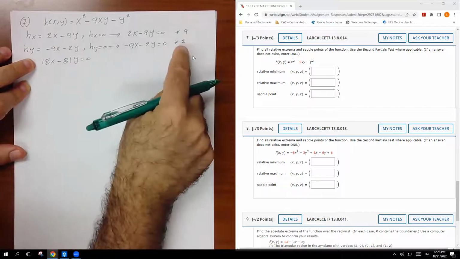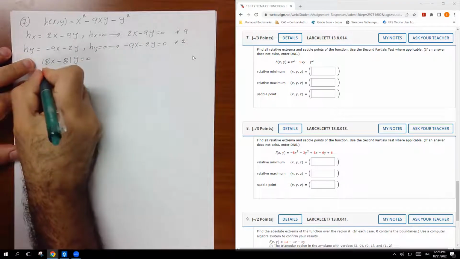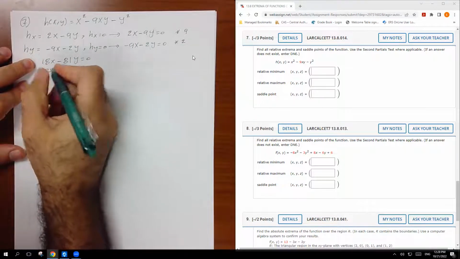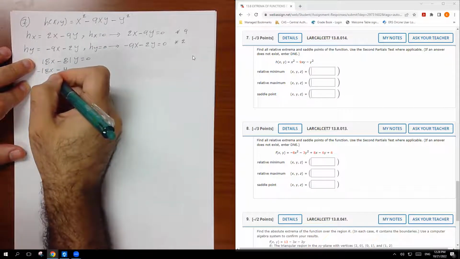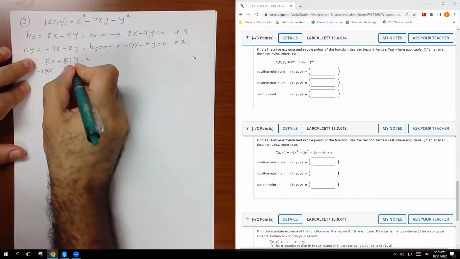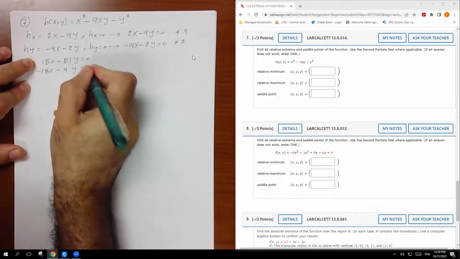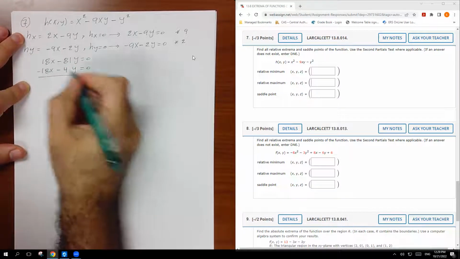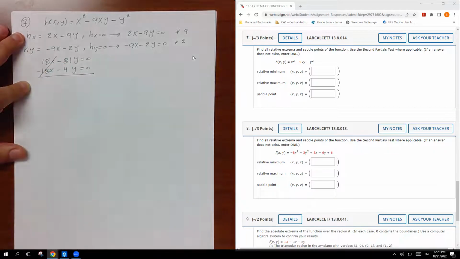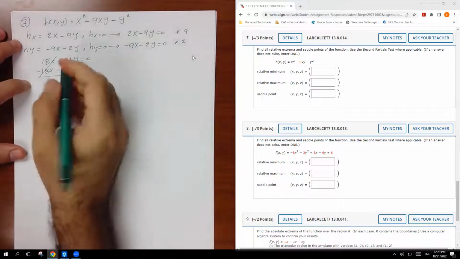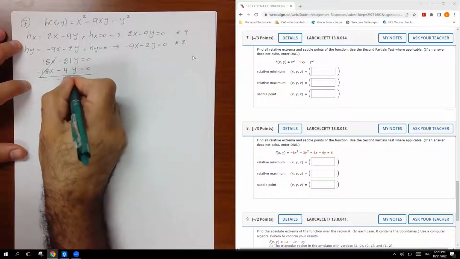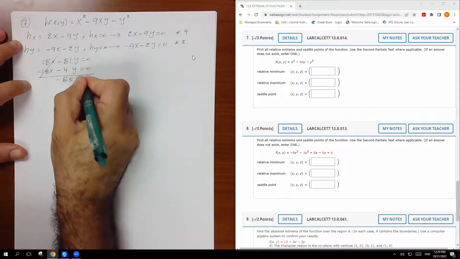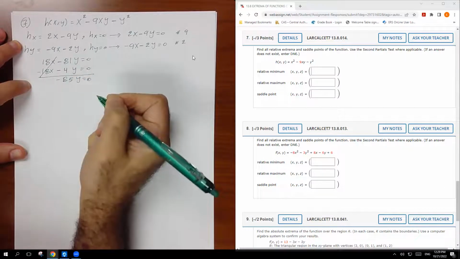And multiply by 2 is going to be negative 18x minus 4y equals 0. Cancel these. So negative 81 plus negative 4 is going to be negative 85y, which is equal to 0.